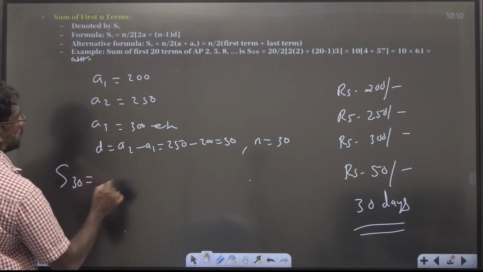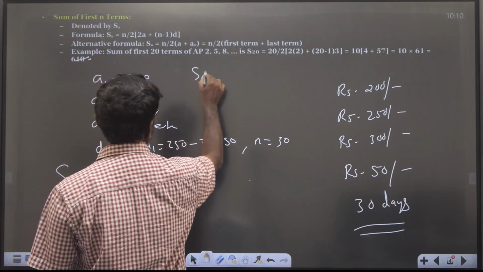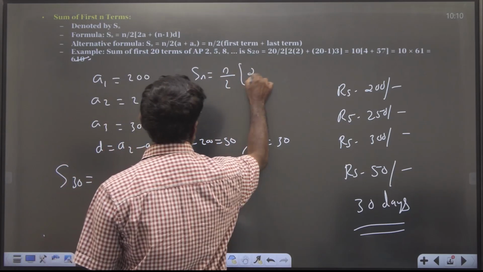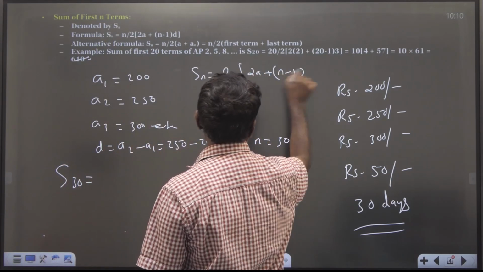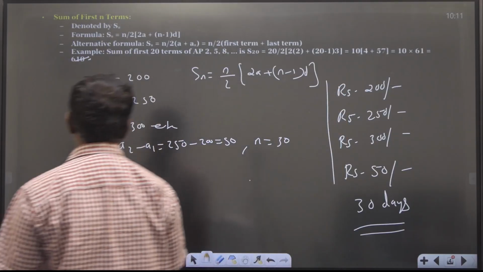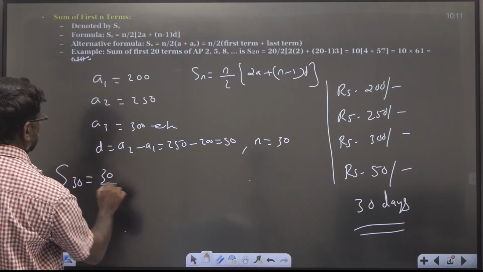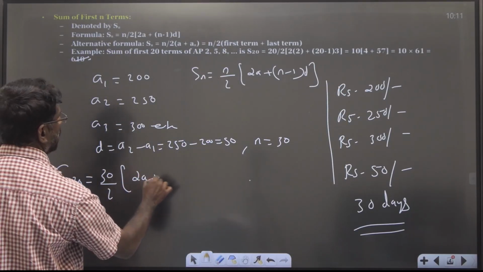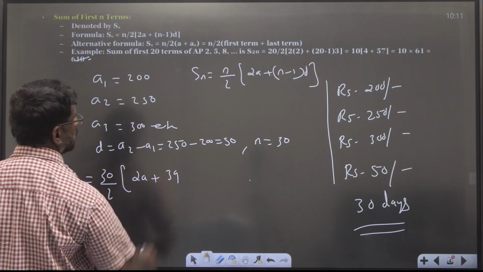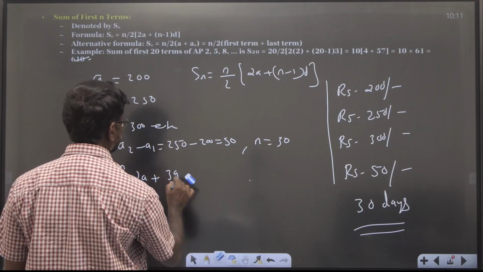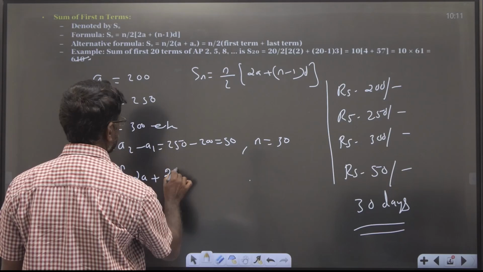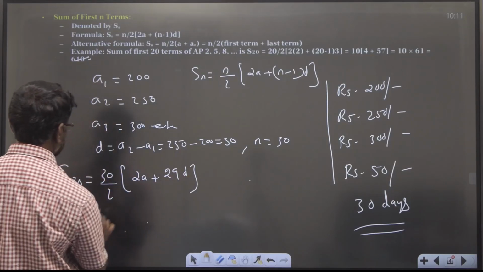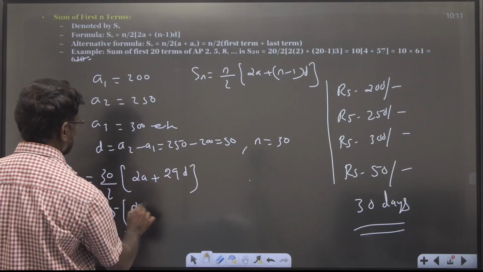S30 is equal to, what is Sn? Sn is equal to n by 2 into 2a plus n minus 1 into d. Okay. So S30 is equal to 30 by 2 into 2a plus 30 minus 1, that is 29d. That is 15 into 2 into, what is a?